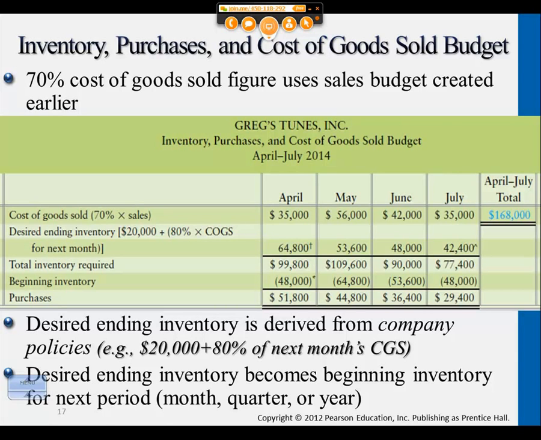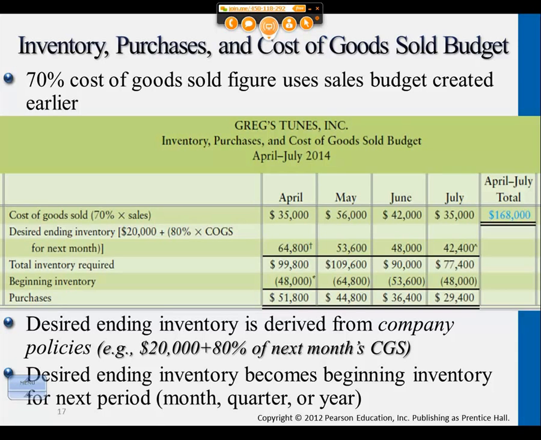So let's look again at the months. We say that our cost of goods sold is going to be 70% of the sales, so I can estimate it for each of the months. My desired ending inventory is something.